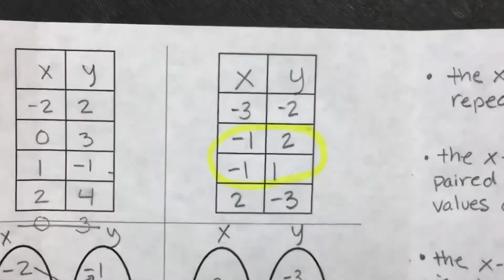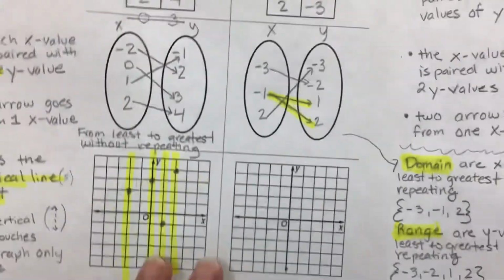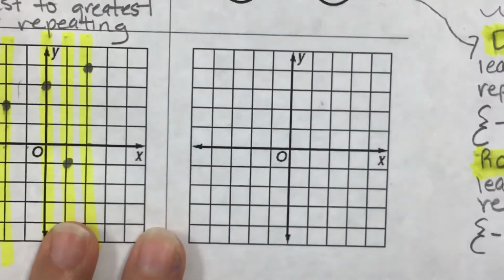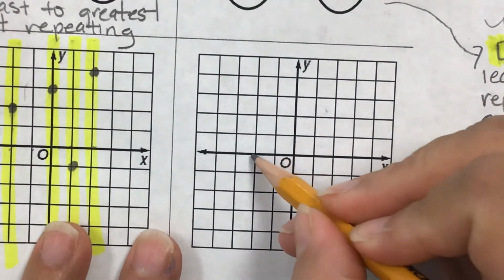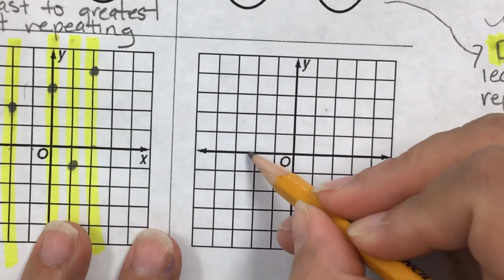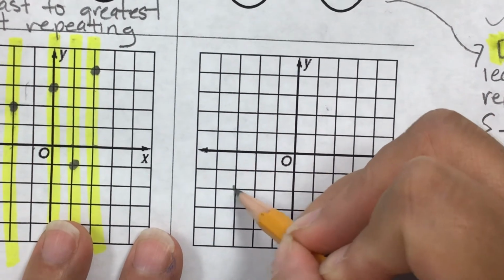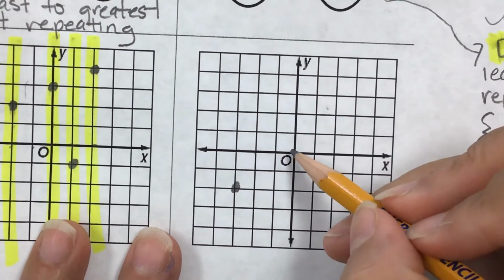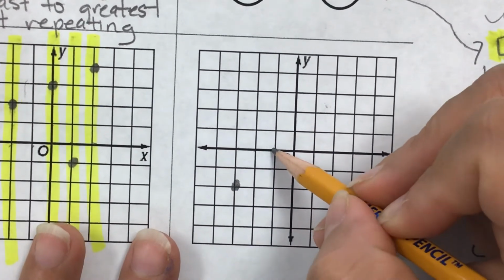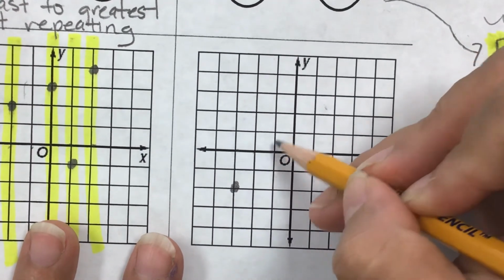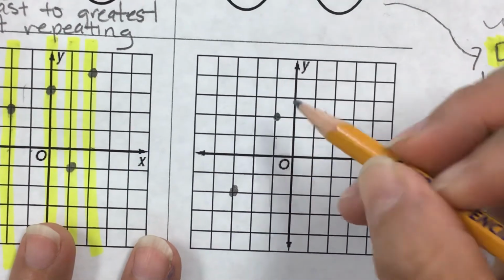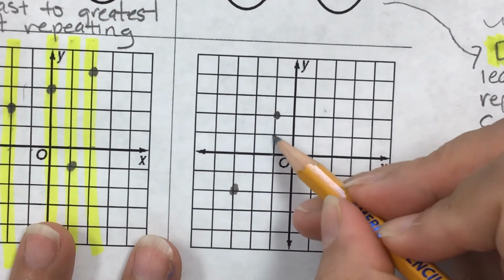We're using the points from this table right here. The first ordered pair is -3, 1, 2, 3, and then down 2. -2, 1, 2. The next one is -1, 2, 1, 2, and then -1, up 1.